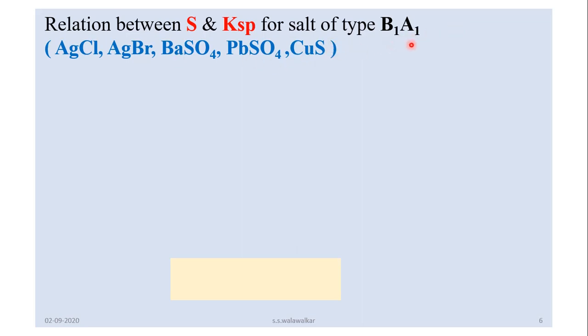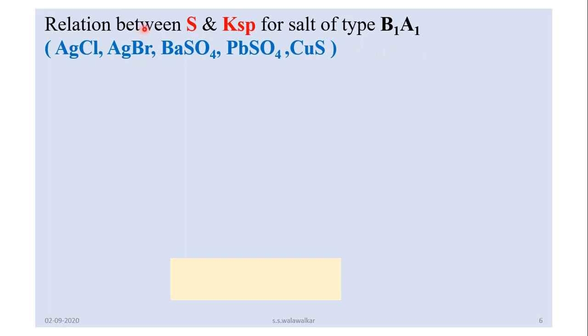Examples of this type of salts are AgCl, AgBr. 1 mole of Ag ion and 1 mole of Cl ion is there. 1 mole of Ag ion and 1 mole of bromide ion is there. Here also 1 mole of barium and 1 mole of SO4 ion, PbSO4, CuS. All these are examples of this type of salt, that is B1A1, which have a ratio 1:1.